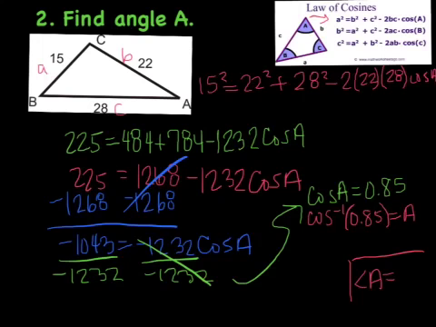And then you'll put in the 0.85 and equals. And we end up with angle A equaling 31.8 degrees. So angle A would be 31.8 degrees. It's a lot of work, but hopefully it's not too bad for you. Just take some practice.